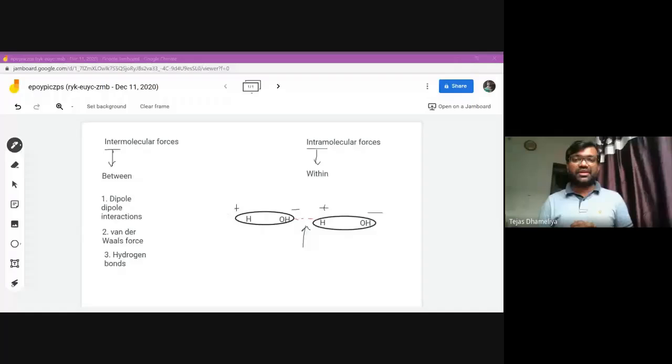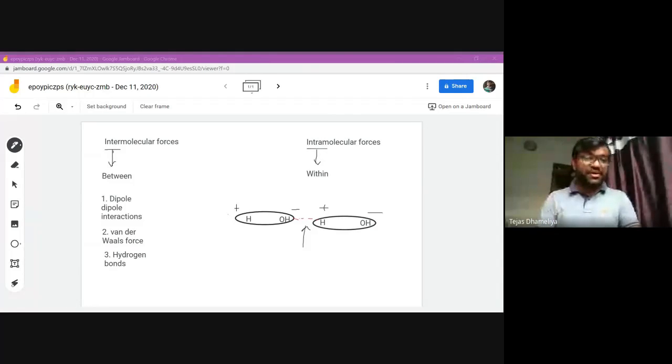H plus ion, OH minus ion, and that is because of the ionization, the autoprotolysis of water, where water undergoes ionization with another molecule of water. It is not unknown to you. So that's why these ions are present in water and they are developing these dipoles.